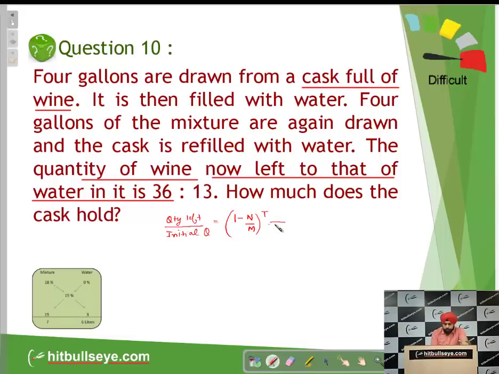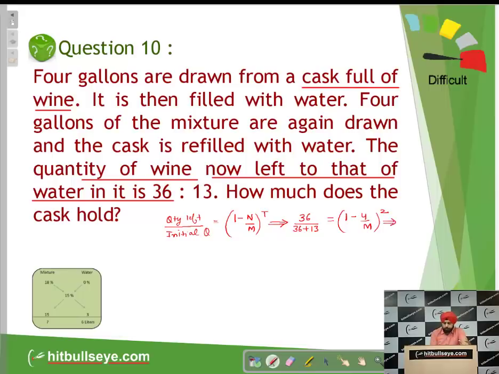Let's place values here. Now quantity left of wine is 36, out of the total of 36 and 13, that is 49, is equal to 1 minus 4 by m raised to the power 2.